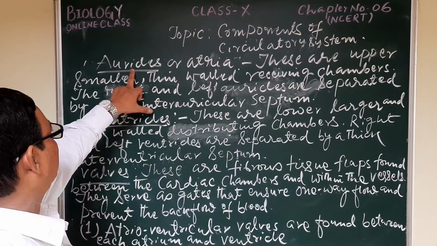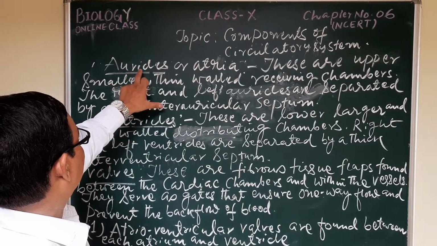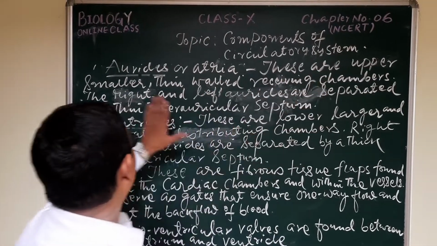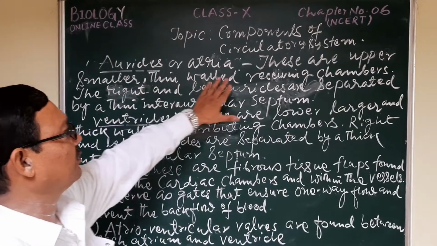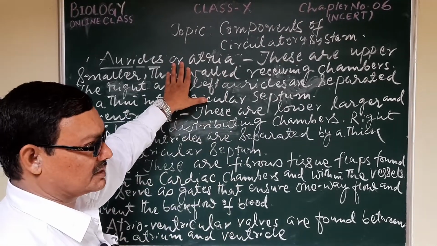Now, the human heart has the following chambers. Number 1, auricles or atria. These are upper, smaller, thin walled receiving chambers. The blood will be received by these chambers.